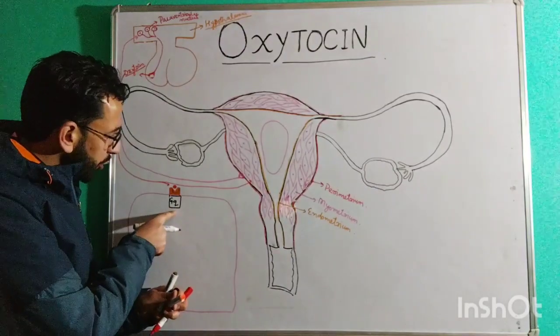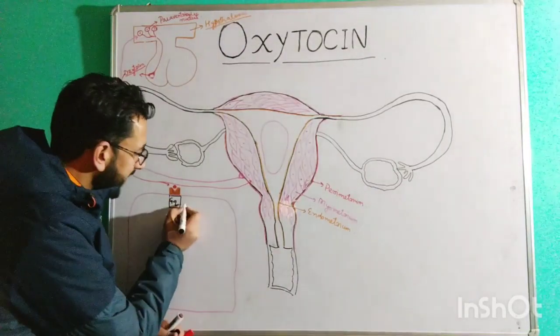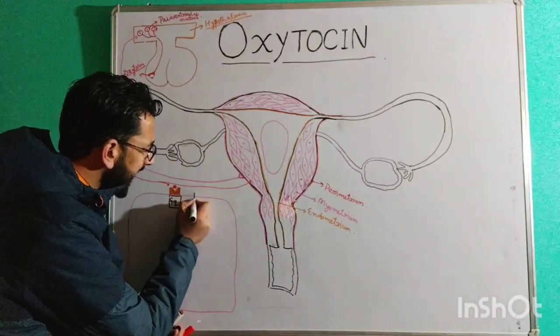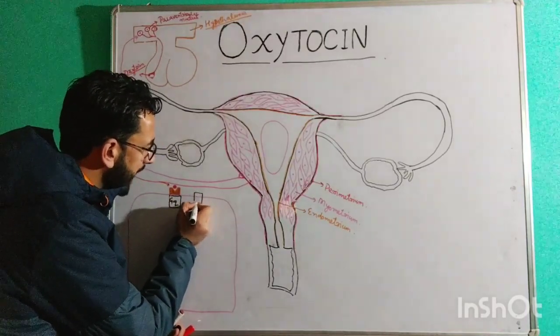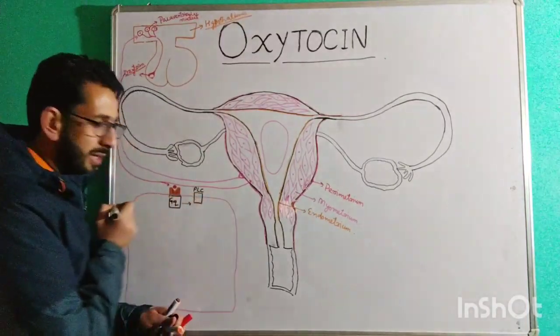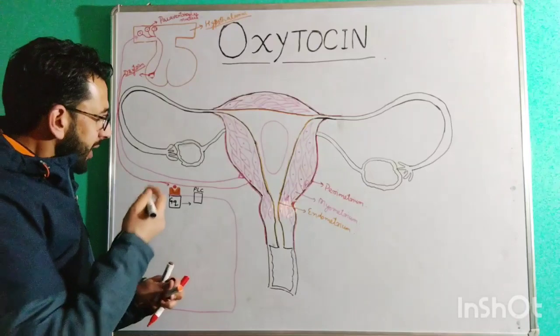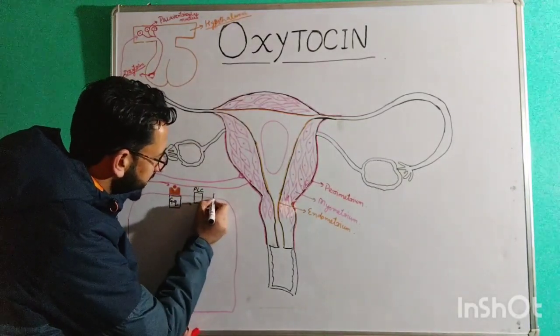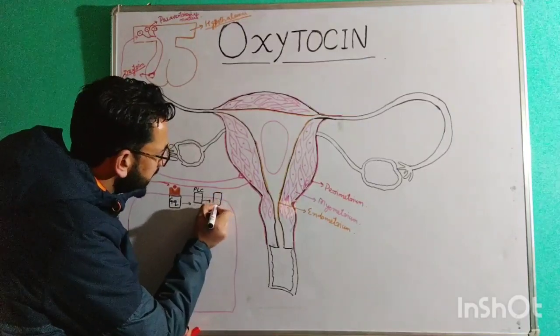Once this Gq protein is activated, it activates one enzyme called phospholipase C. Then this phospholipase C acts on one lipid called PIP2.